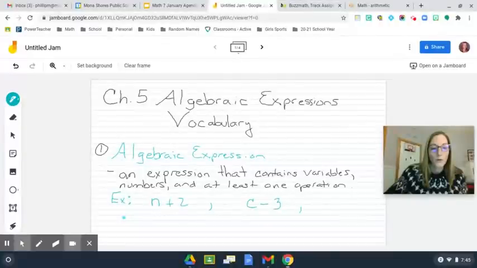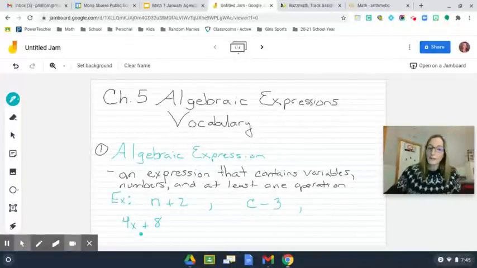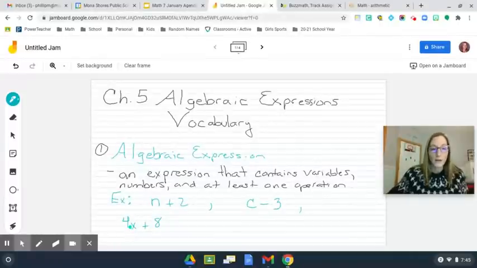Let's go for 4x plus 8. I still have my variable, there's my x. I still have an operation, my plus sign. And I still have a number, 8. This is an algebraic expression. It just looks a little bit bigger than the previous 2. There's a 4 in front of the variable, and that's okay.